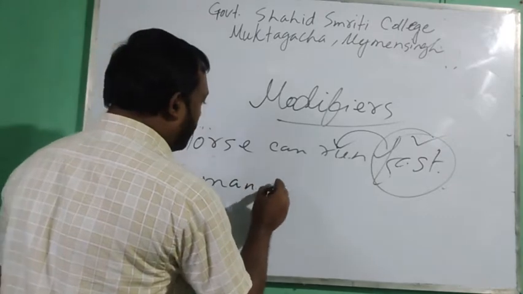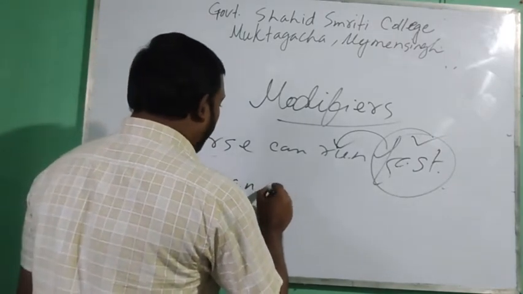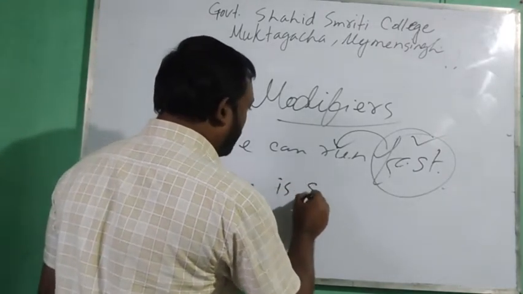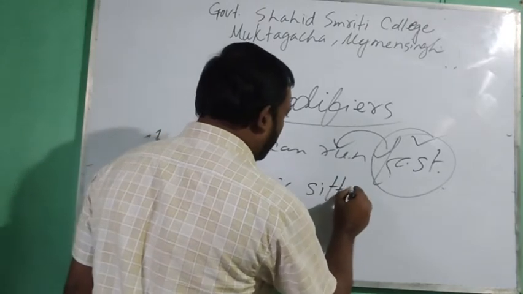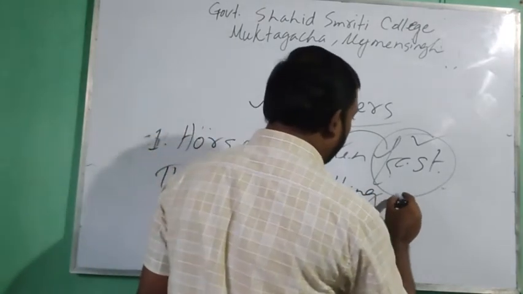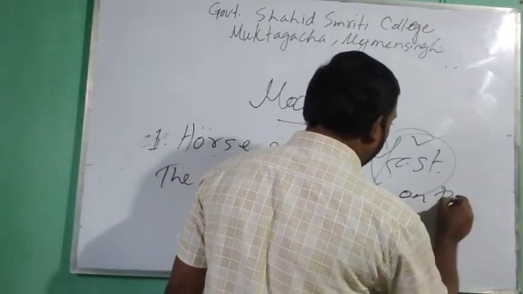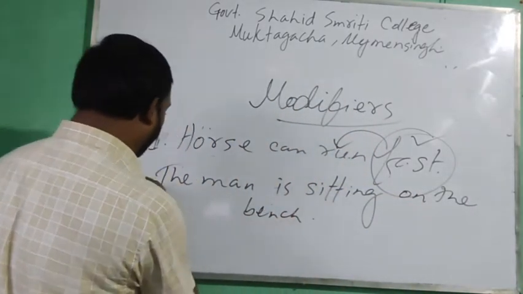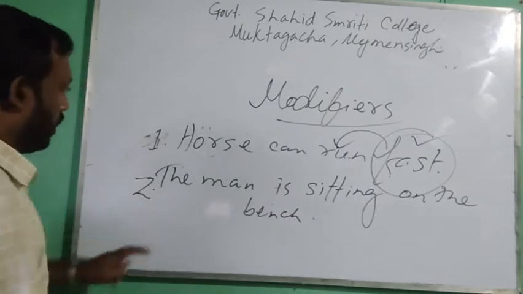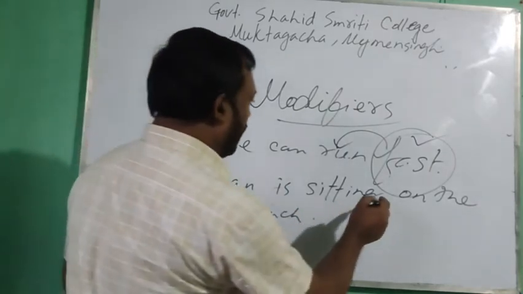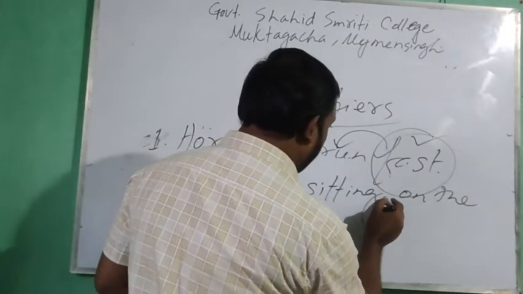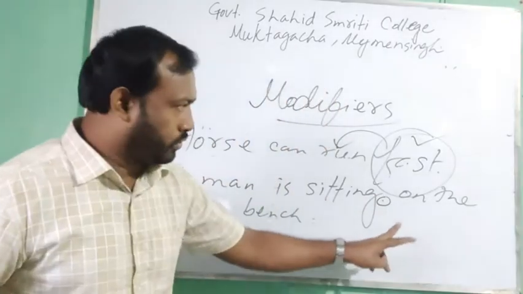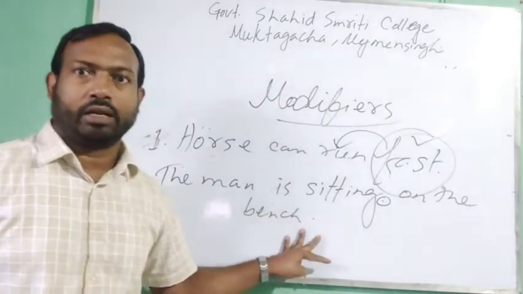The man is sitting on the bench. Look, the man is sitting. If we put a period or full stop here, the sentence is grammatically correct.